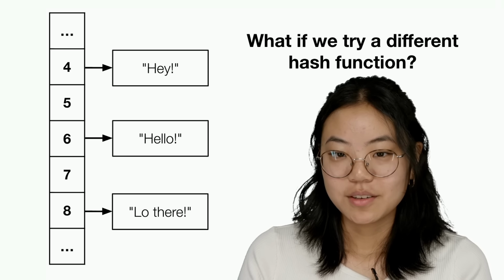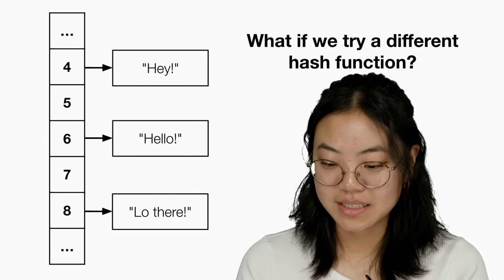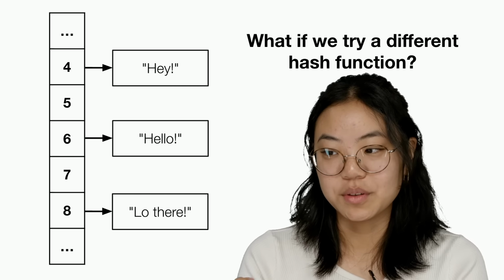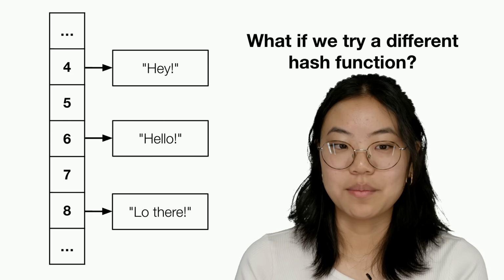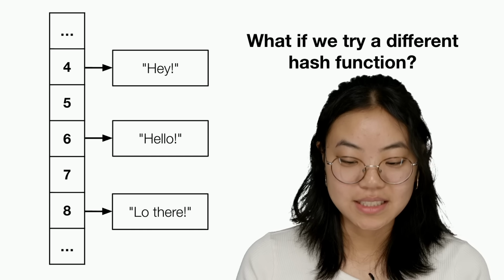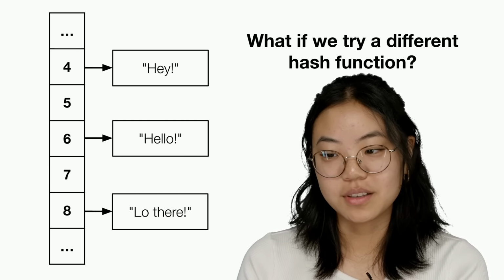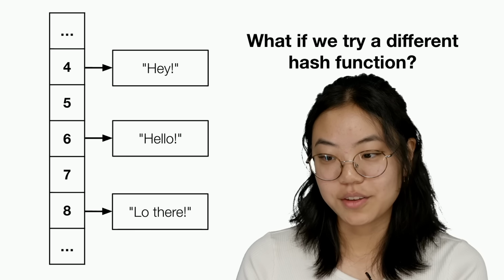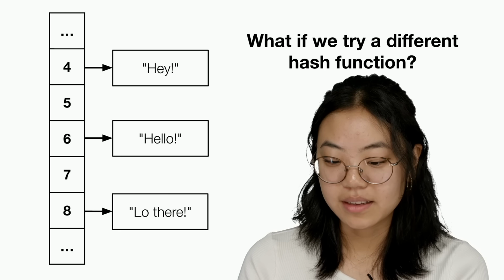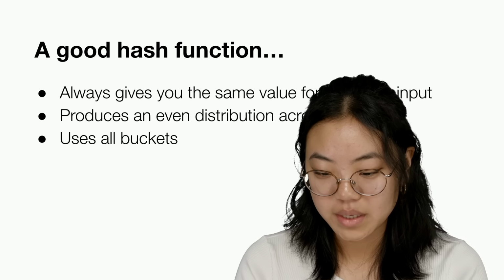And so we're going to have a lot of collisions, which basically just means we're going to have multiple entries mapped to the same hash bucket. But a good hash function would ideally only have a very short list, or if not just one value in each bucket, yeah.